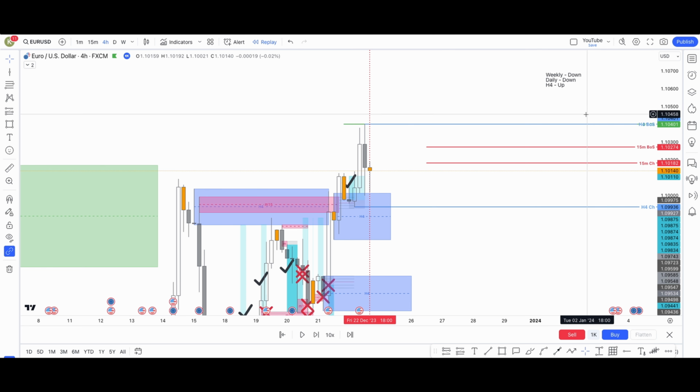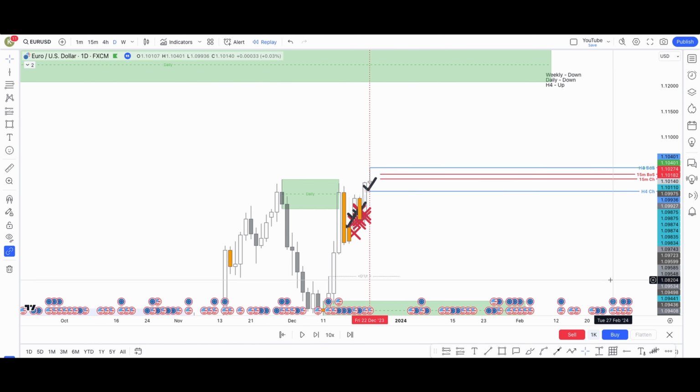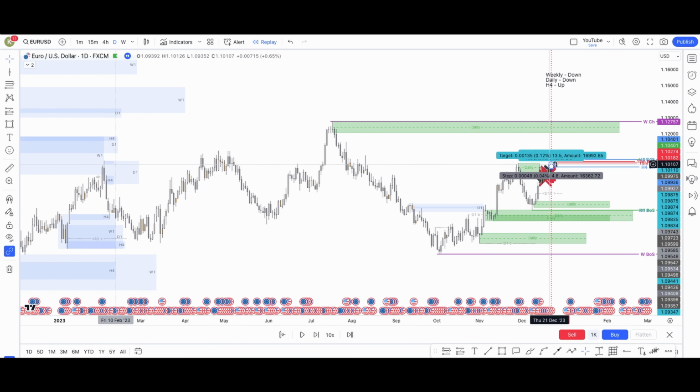So what we're looking at, H4 is up. So we got weekly down, daily down. Let me check that again. Yep. So weekly is down, the daily is down. Does that look like it's down? Yeah, because we chopped right there.